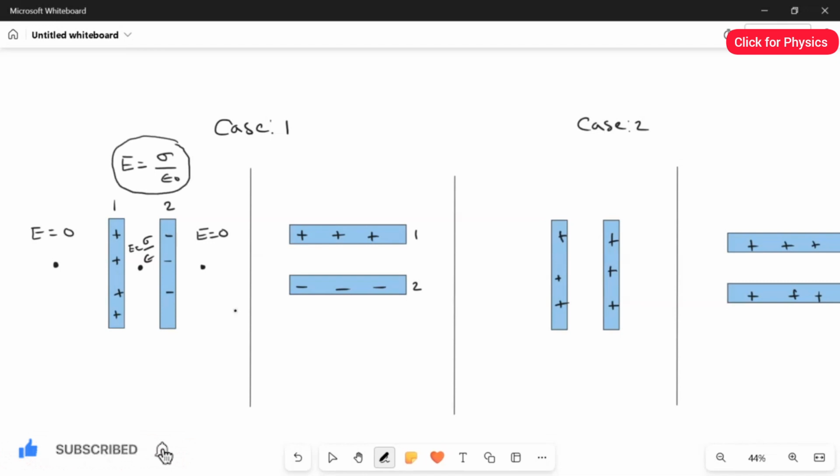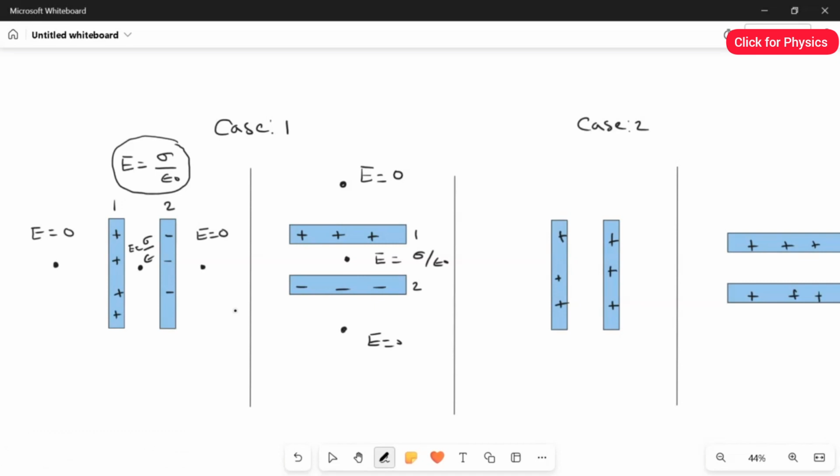The same case applies to this type of diagram, but this time you get the answer in terms of the y-axis. The first location is above sheet 1, the second is between sheets 1 and 2, and the third is below sheet 2. The formula is the same: above and below the electric field is 0, but between them E equals sigma over epsilon naught.